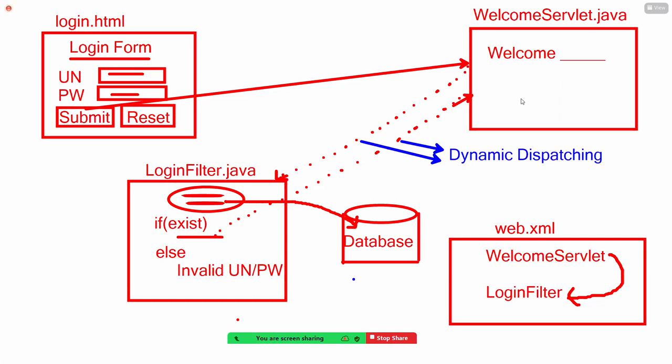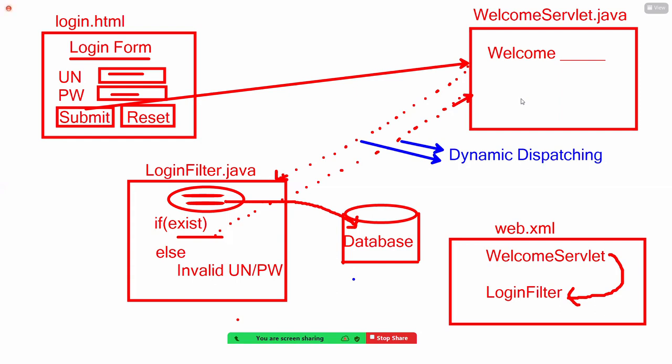Now if I click on the submit button, first of all request comes to servlet or filter? Servlet. Request comes to servlet. But is the servlet executed first or the filter executed first? Filter executed. If it is validated, if username and password are there, then servlet is executed.